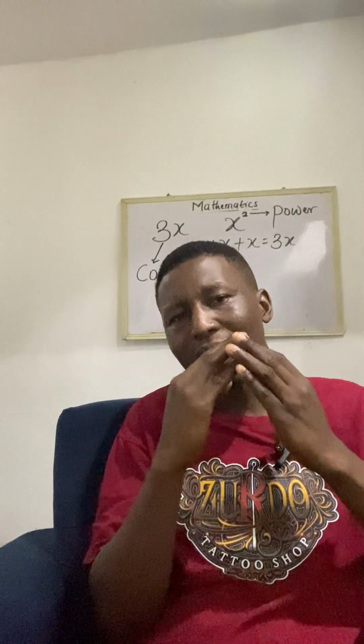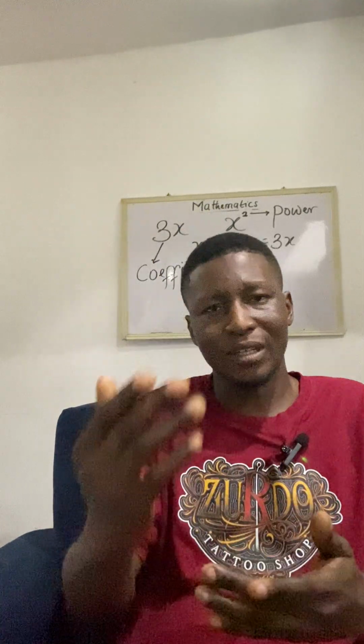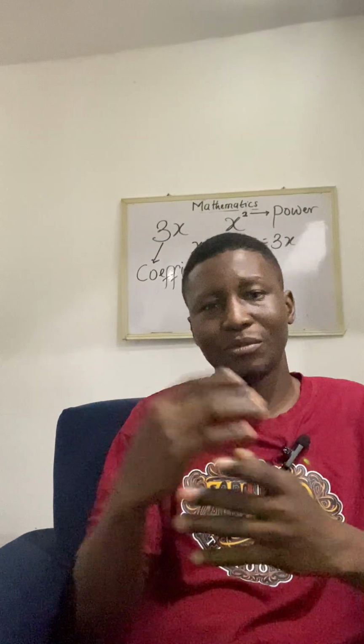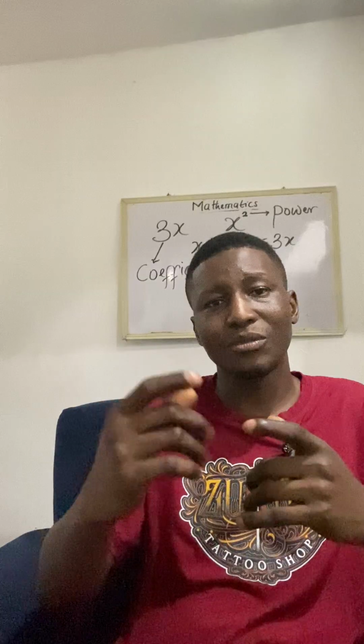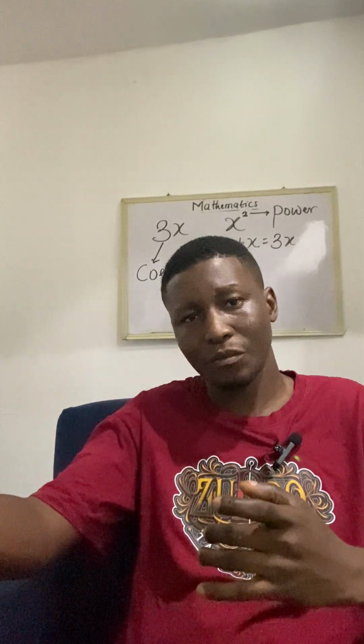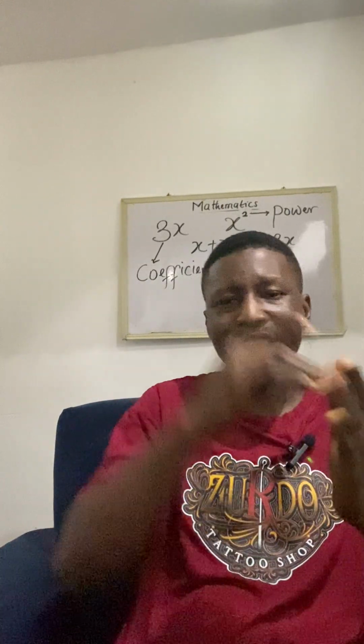So when we multiply the same letters, irrespective of their degrees, for example, x times x, we are combining one factor of x times another factor of x. So we are going to get a power.